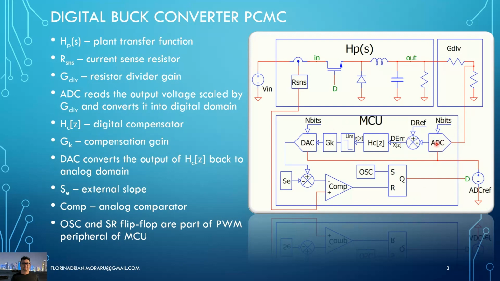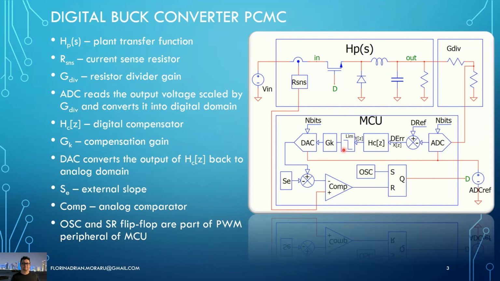Inside the MCU, we have the analog to digital converter that takes the scaled down output voltage and converts it into the digital domain. As soon as we have it in the digital domain, we have here also the digital reference, and the difference of the two is just the error that is applied to the digital compensator, which is this HC of Z.